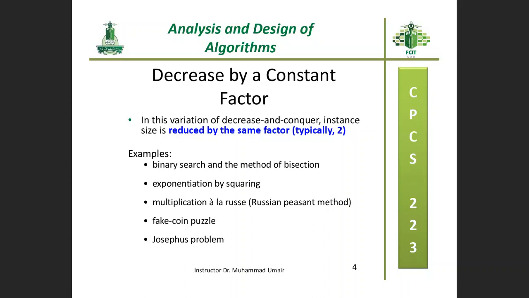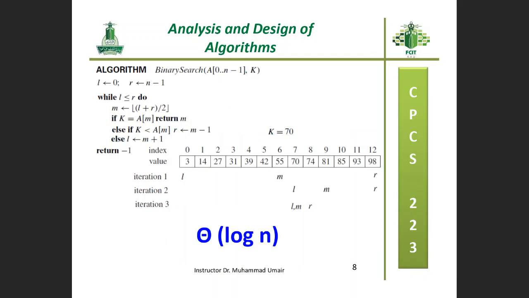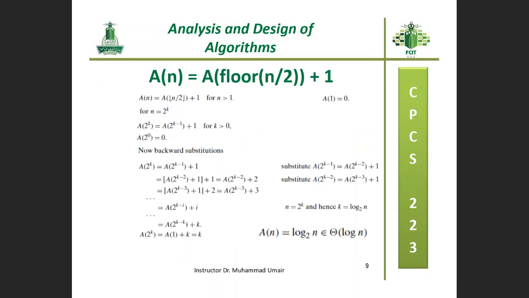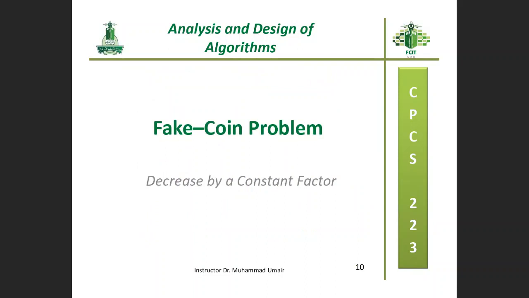Binary search has running time log n. We discussed last time how you can prove that the running time is log n. Now we are moving to the next case study, which is the fake coin problem. Again, this algorithm is designed on the basis of decrease by a constant factor.